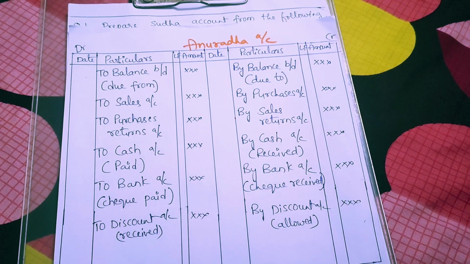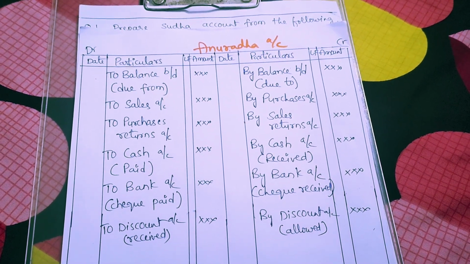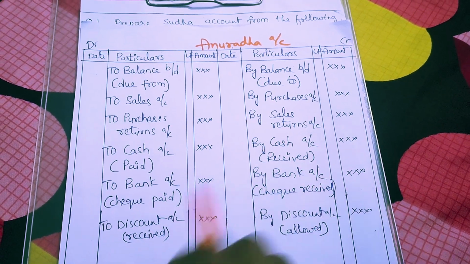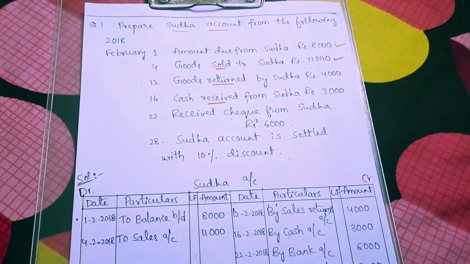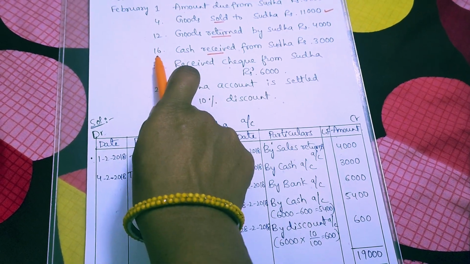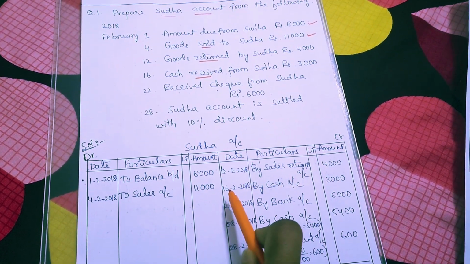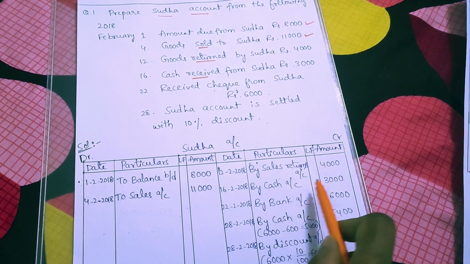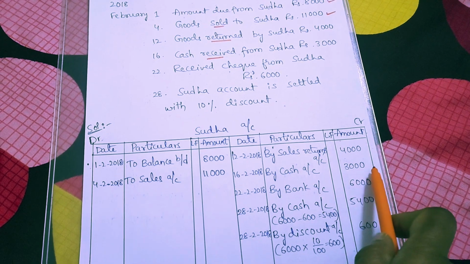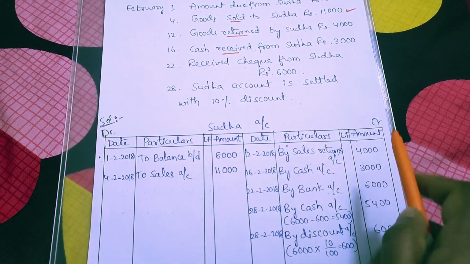If we receive cash, by cash account. If a cheque is received, then bank account. But in our problem, cash is received from Sudha. So record on the credit side. Date, 16th date. By cash account, 3,000 rupees. Okay. Hope you understood this.